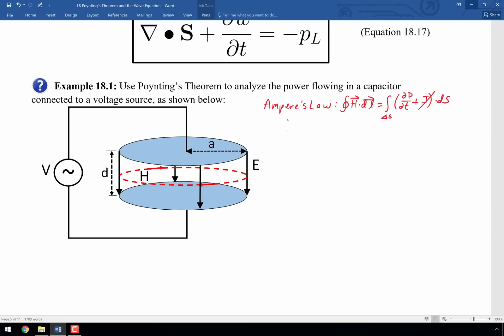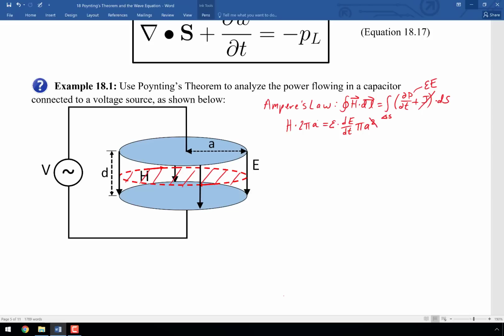So we're going to go H times 2 pi a, the circumference of that circle, is equal to, now what is the partial of D with respect to t? Let me just make a note here that D is equal to epsilon times E. So this can be represented as epsilon times dE/dt, multiplied by the surface area, and the surface area of that circle that we're working with is equal to pi a squared.